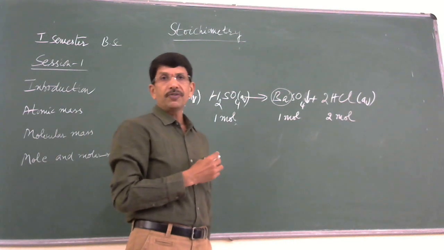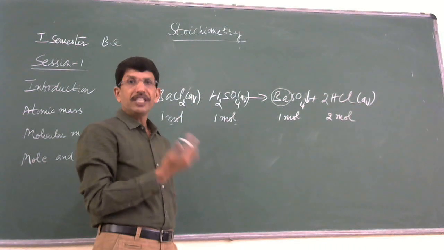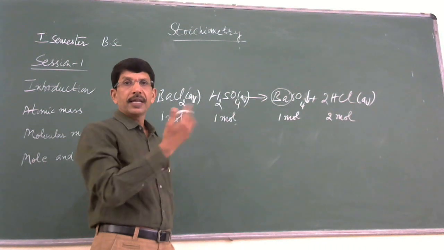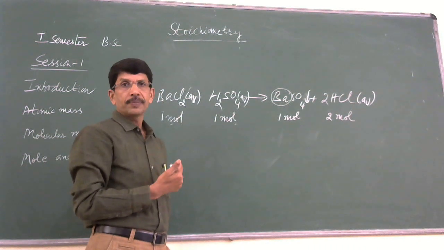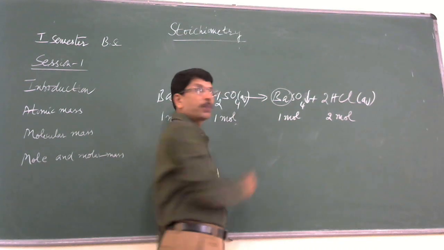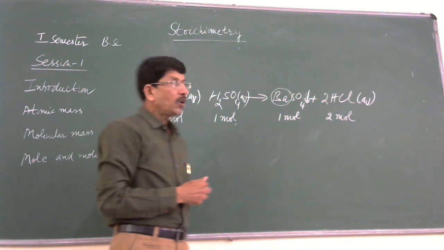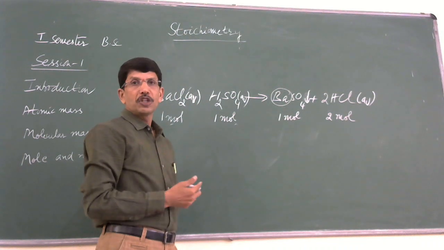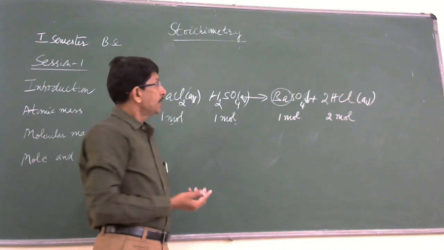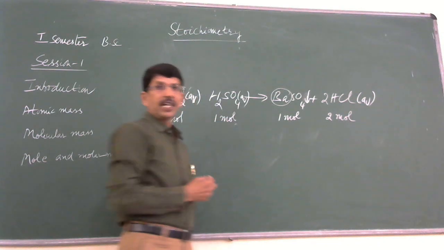Why is a precipitate formed? Whenever a substance is insoluble in the medium, it will separate as a solid. That's called a precipitate. So barium sulfate is precipitated, and you have HCl dissolved in water, hydrochloric acid. This is the information that we get.